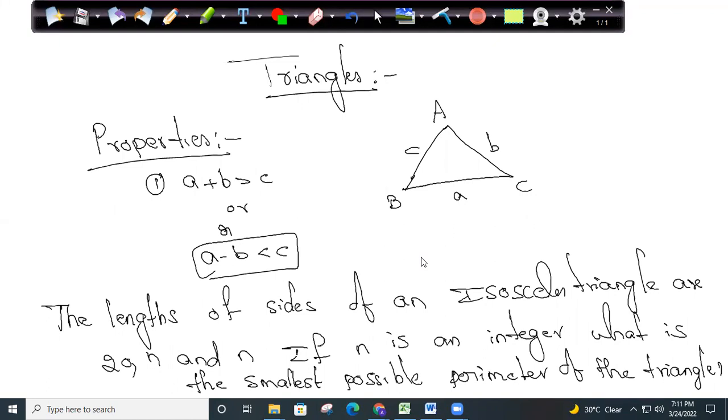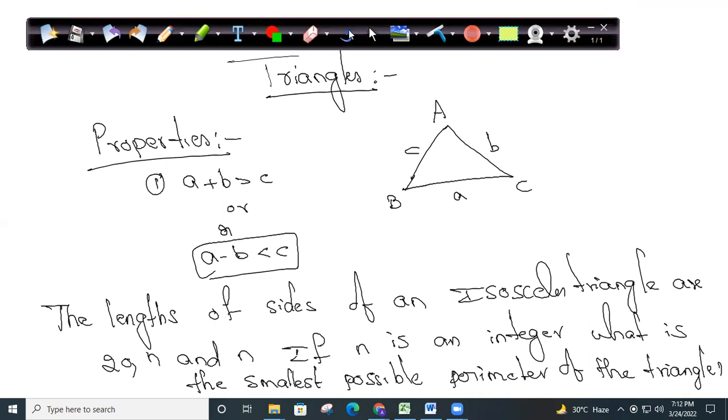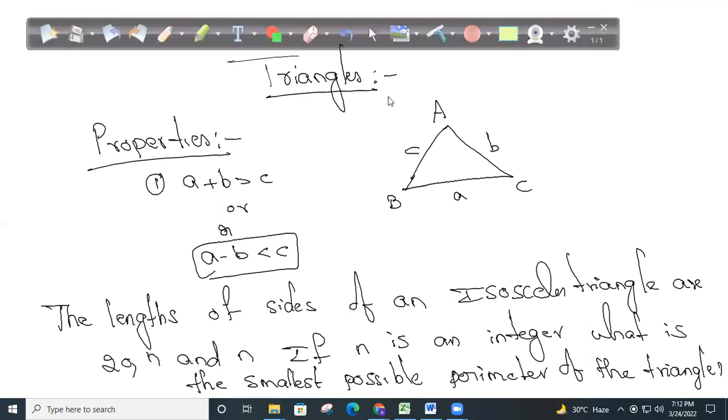If n is an integer, what is the smallest possible perimeter of the triangle? I'm asking for the smallest possible perimeter. It's not that difficult a question, very simple one.